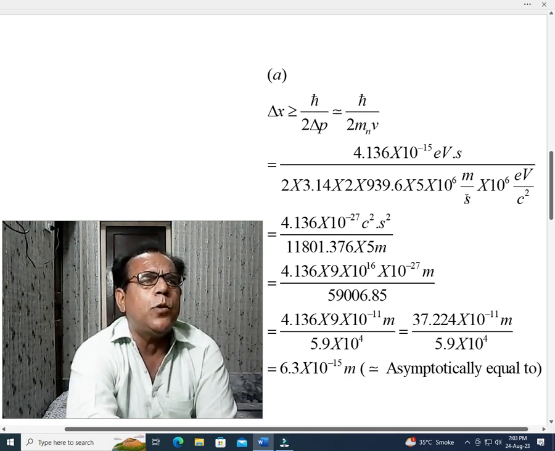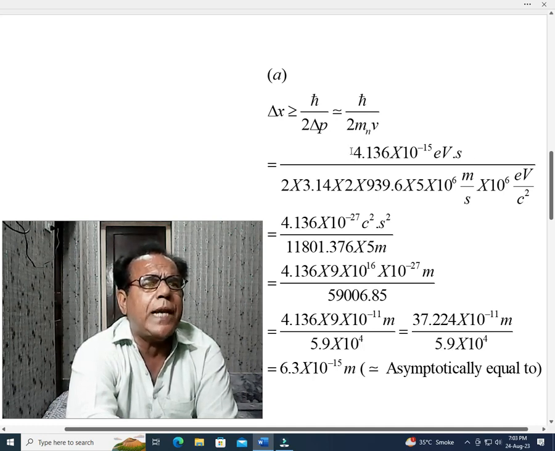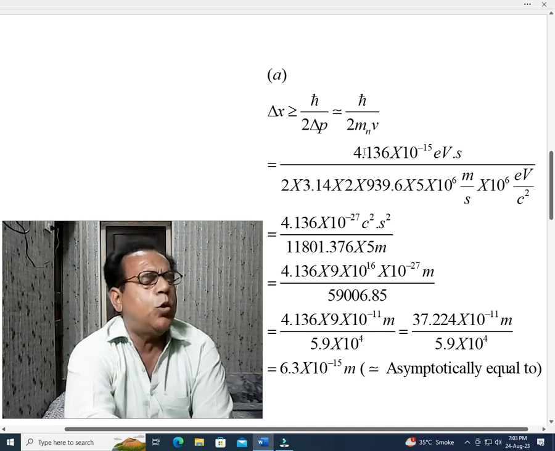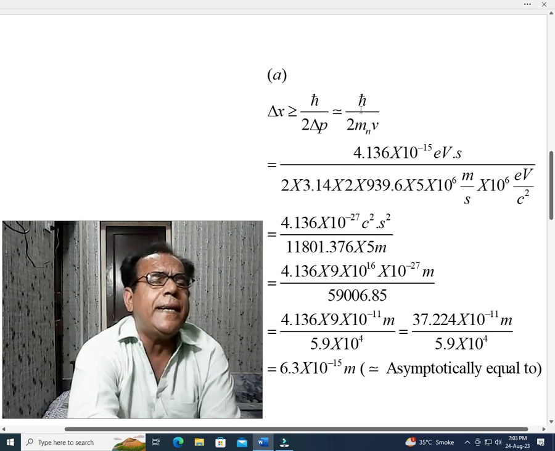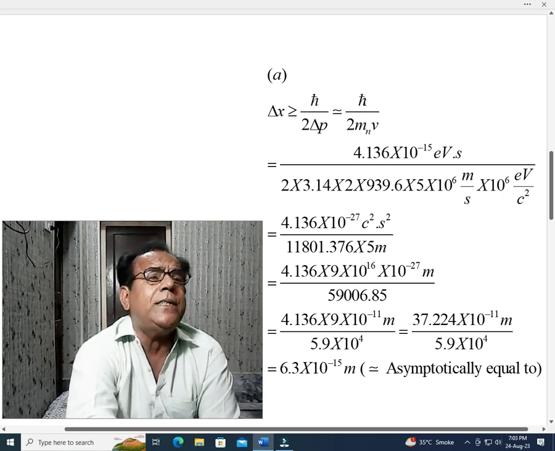Okay, h cut divided by 2. So here this is the value of h, which we have taken from the table which has been shown in the last part of this problem. Moreover, 2 is 2, and we know that actually, dear students, here in place of h cut is equal to Planck's constant divided by 2 pi.